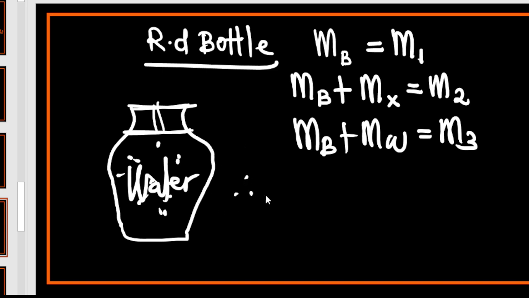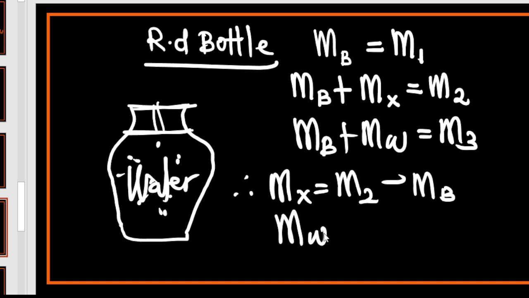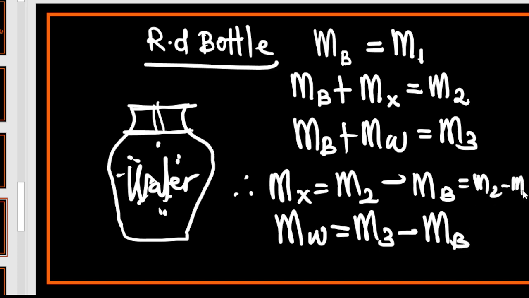So this will then mean that mass of X is going to be M2 minus, when you take this to the other side, mass of the bottle, which is M1, and mass of the water is going to be M3 minus mass of the bottle. So this is M2 minus M1.